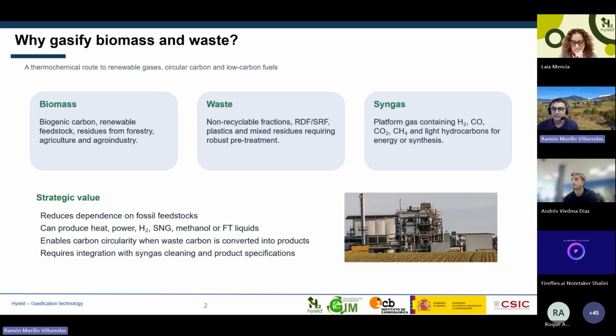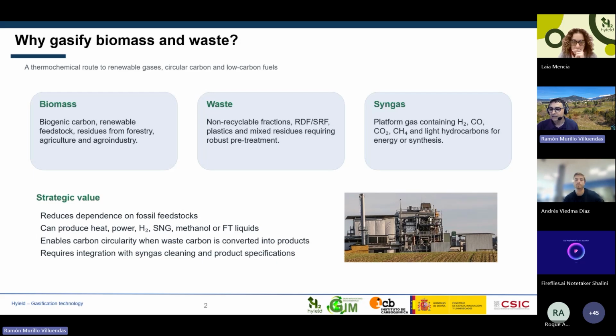The strategic value of gasification is that it can produce several products from the same type of platform gas. Depending on the downstream process, syngas can be used for heat and power generation, hydrogen production, synthetic natural gas, methanol, or even Fischer-Tropsch liquids. Another important point is carbon circularity.